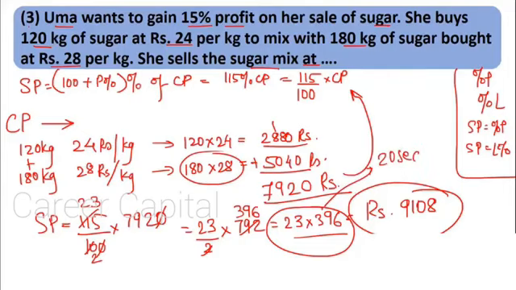So some sums might be very easy, only the calculation might be a little bit lengthy. So don't worry, here we will make sure that you understand the sum and the concept, and very rarely are the calculations this difficult. This may be an exception. So in the exam you should be able to solve this sum in around 45 seconds, not more than that, including the calculations. Moving to the next question.